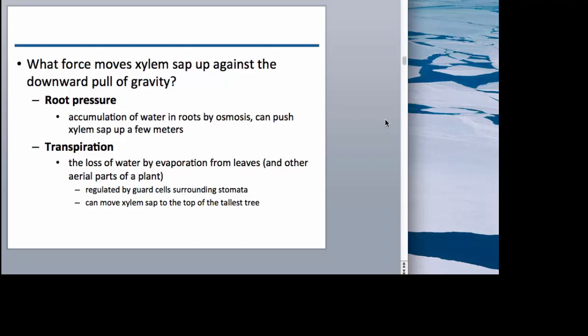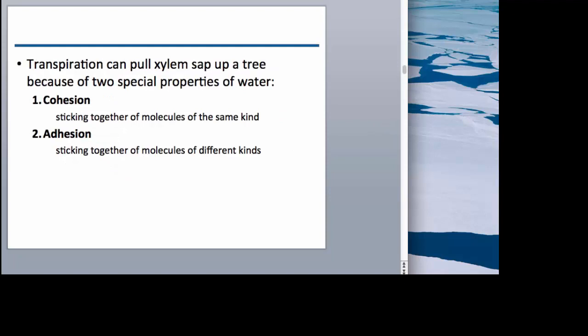The root pressure will help, but we also have to rely on the basic chemical properties of water to get this all done. So water, remember, is polar. Water has an affinity or a likeness for itself. It sets up partial positive and partial negative charges in each individual water molecule that stick together. This sticking together is actually something known as cohesion.